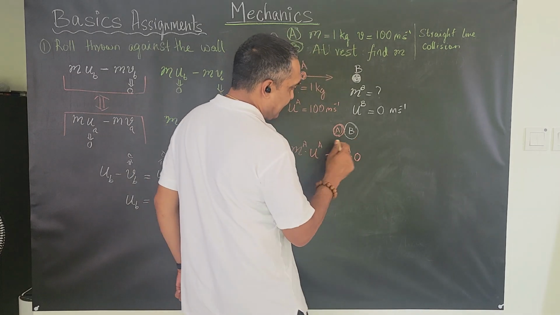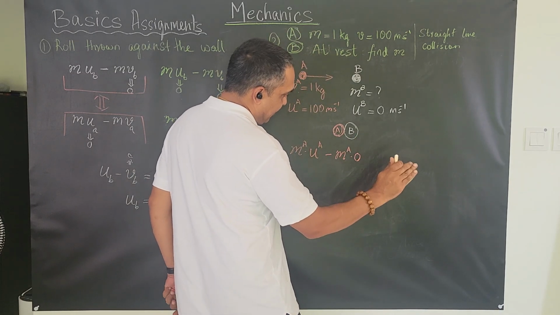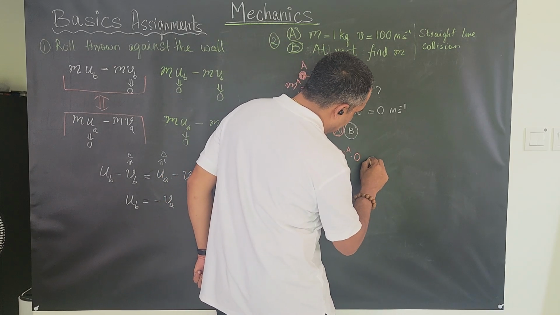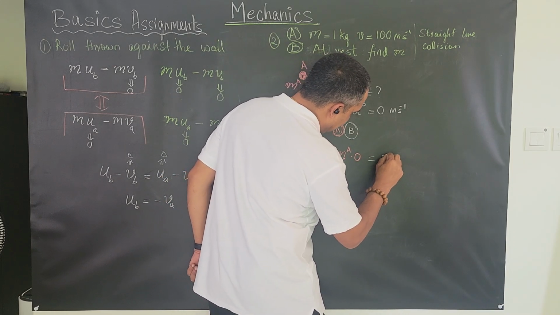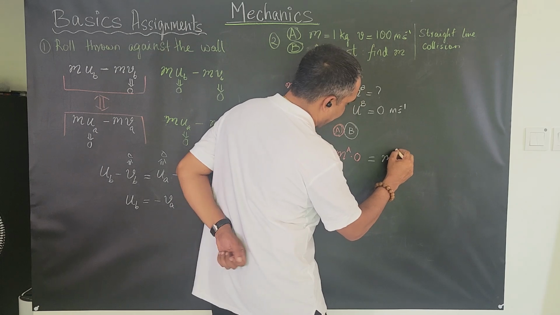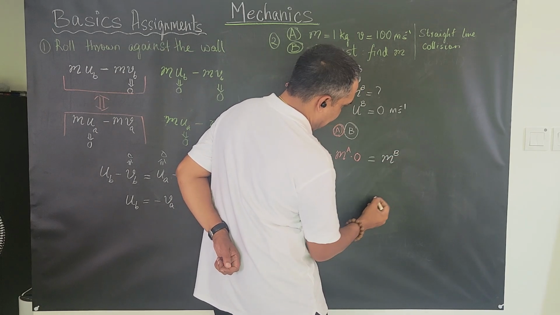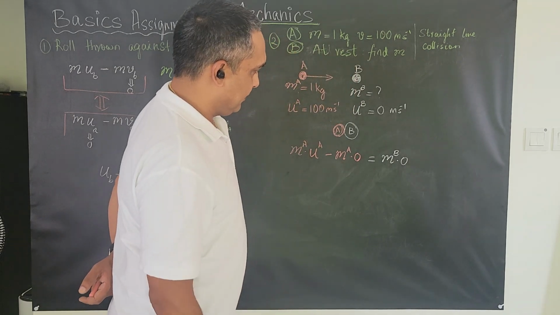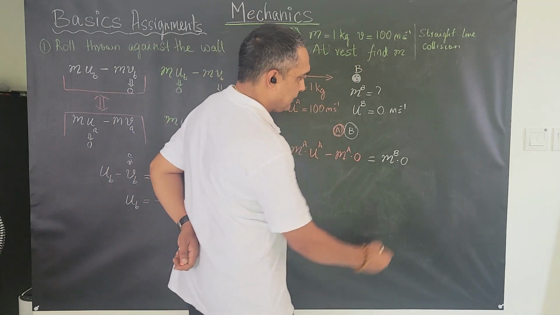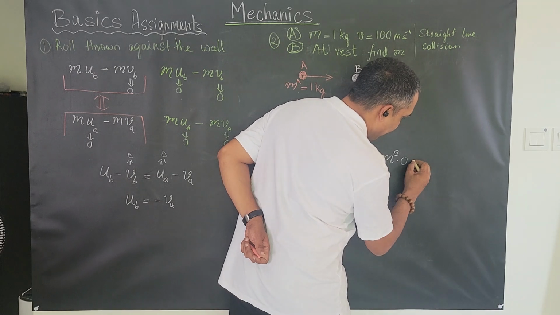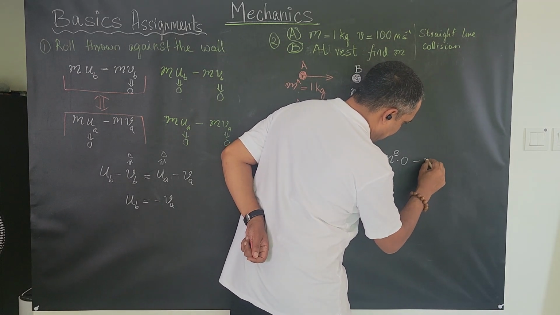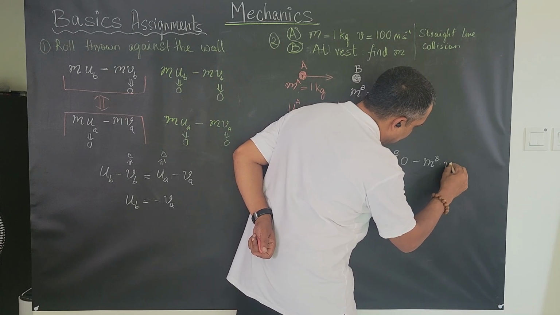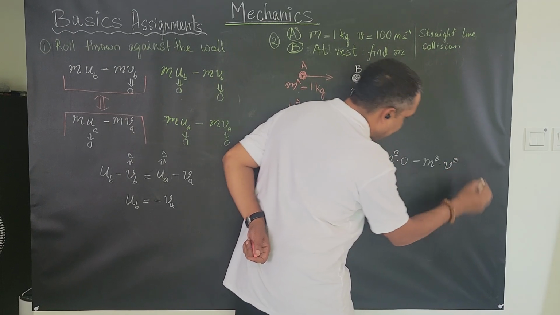Now what happened to B? If this is free floating, nothing's attached, there's no gravity, there's no air reaction, somehow the mass of B times 0 minus whatever happened to be, the mass of B times its final velocity.